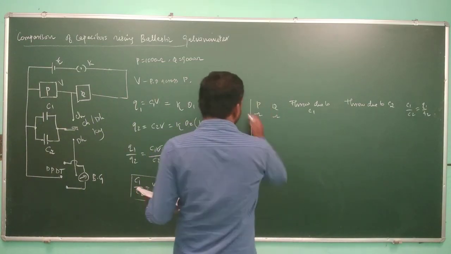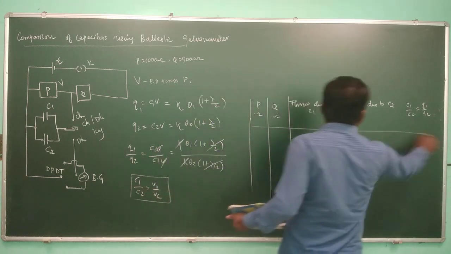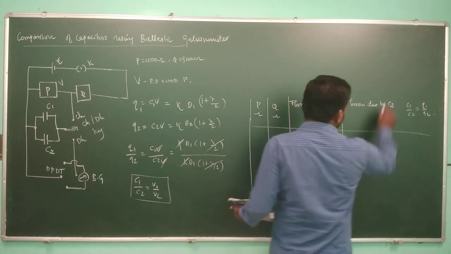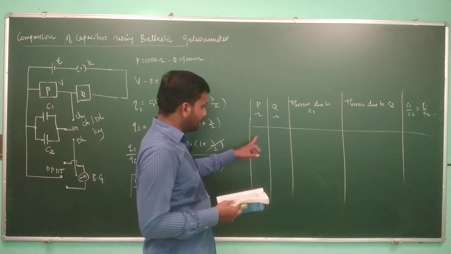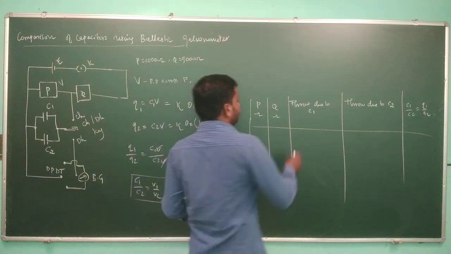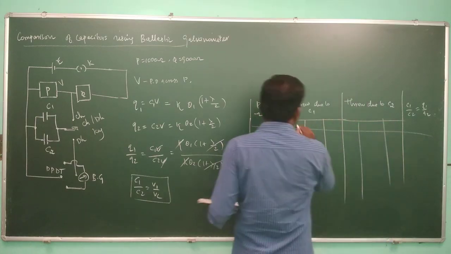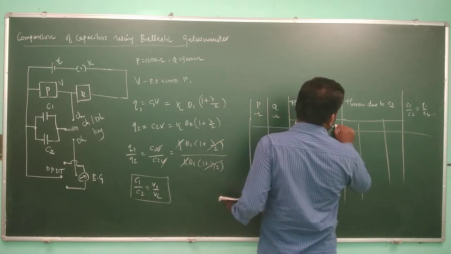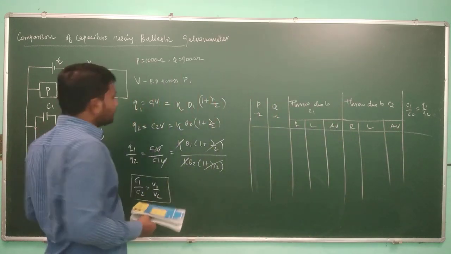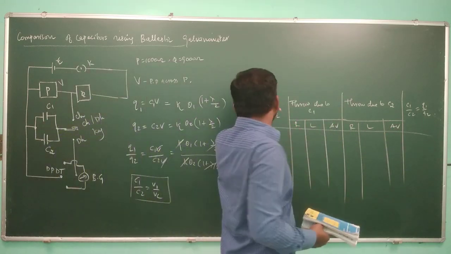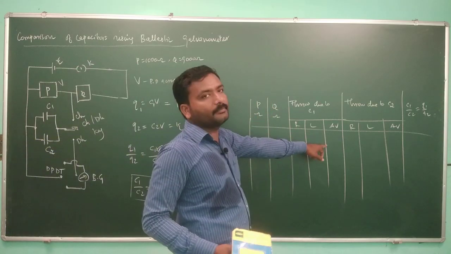Now we can summarize things. So this is P and this is Q. Then right, left, average, right, left, average. When the first capacitor is connected, the throw will be observed for capacitor C1, and the right throw, left throw and mean value are given here.